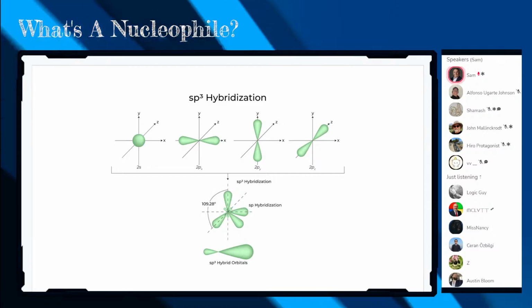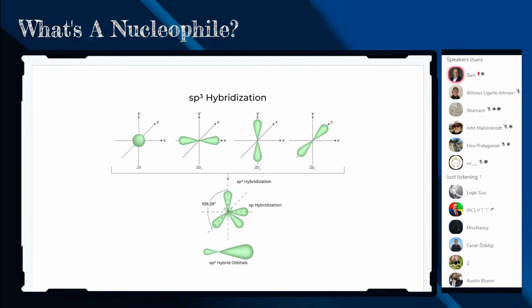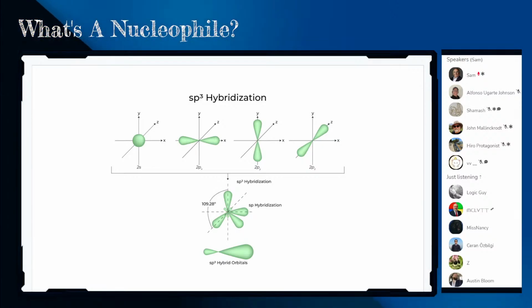Because oxygen is carrying more electrons than carbon, it's carrying more of a negative charge because electrons are negatively charged. So if I have more of an electron cloud over oxygen, then oxygen would be partially negatively charged and carbon would be partially positively charged.